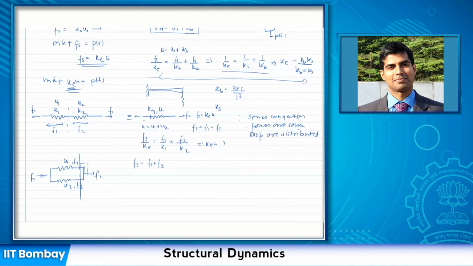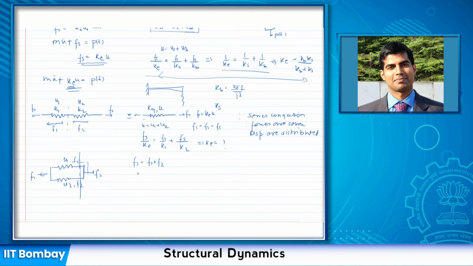However, the displacement in individual springs would be the sum of the displacement. So no, not the sum, but the same displacement. Same. So U1 is equal to U2.